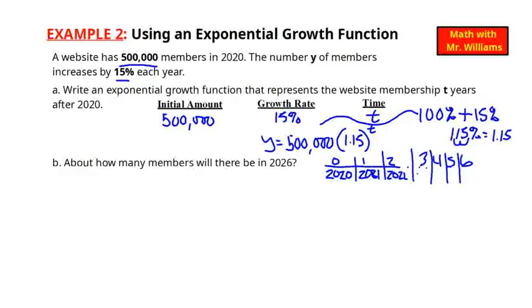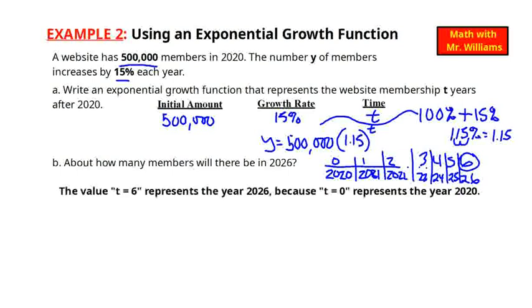So this is 22, 23, 24, 25, and 26. So we're looking at t being worth 6. So 6 years in. So the value t equals 6 represents the year 2026, because t equals 0 represents the year 2020.